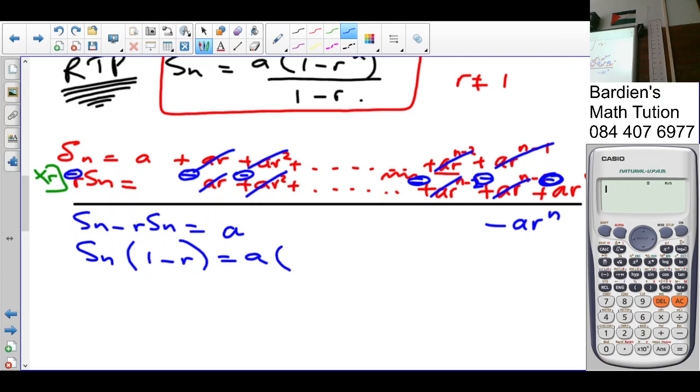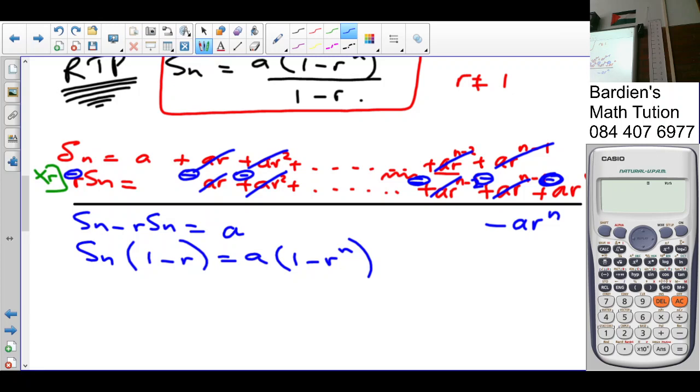We're left with 1 minus r to the n. Do you think they gave you factorization in grade 9 unnecessarily? Everything comes together. So stop telling yourselves, when I'm in grade 12, I'm going to start working. Then you're already 5 years behind with your maths.